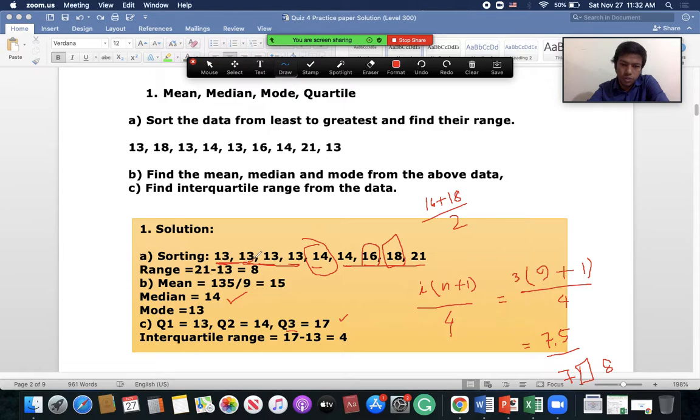This is the second data, this is the third data. So 2.5 will come here if you put 1 and 9 here. Now 2.5 means in between 13 and 13. So what is the number in between 13 and 13, or in the middle of 13 and 13?